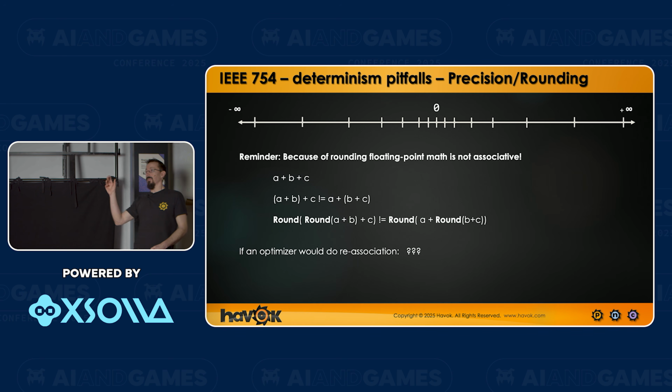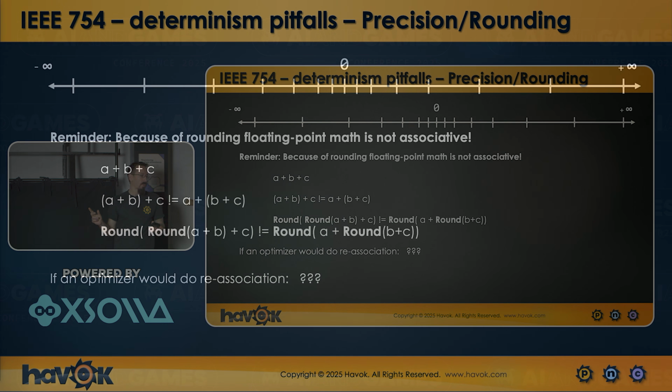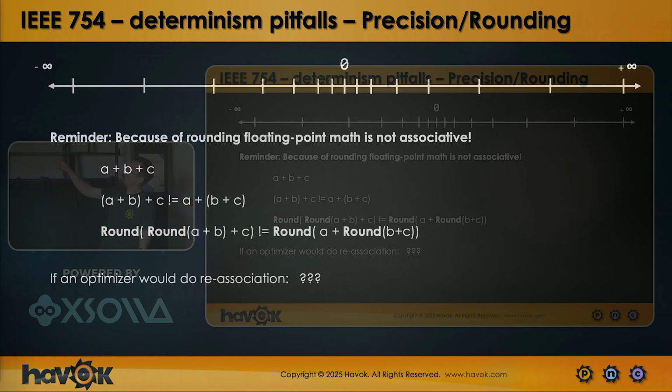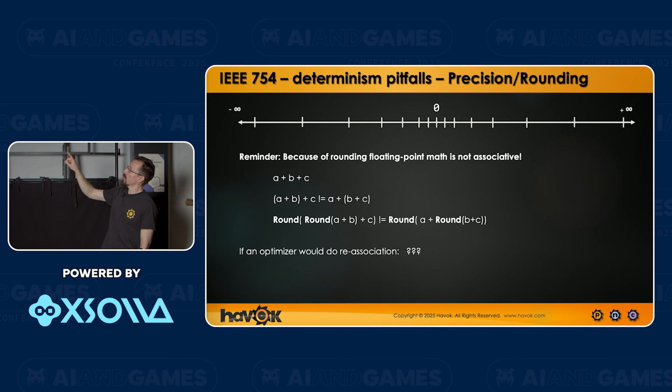A reminder, because of all of this rounding, floating point math is not associative. You can't just go around and say, oh, well, a plus b plus c, I'll bracket it like this; (a + b) + c doesn't really equal a + (b + c). Because under the hood it's doing 2 rounds: either it first rounds a plus b and then adds c and rounds again, or it first rounds b plus c, adds a, and then rounds it.